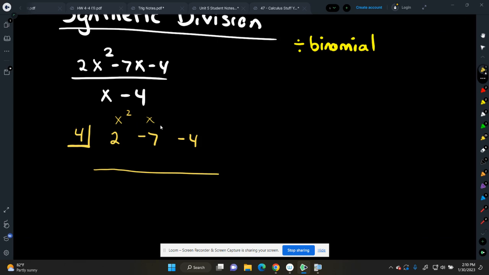Wait, so you put the x. You just put the numbers that are in front. Wait, hold on a minute, bro. You confused me. So you just separate the x from the number. Yes. The coefficients. They're called the coefficients. We're just going to write the coefficients down. Why would you put 2 4s though? Because one of them comes from the numerator and one of them comes from the denominator.